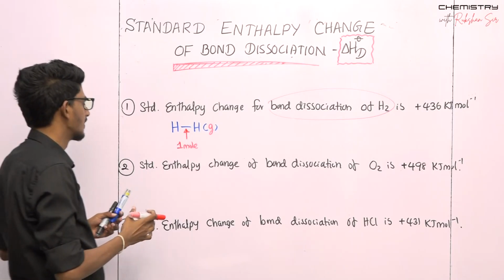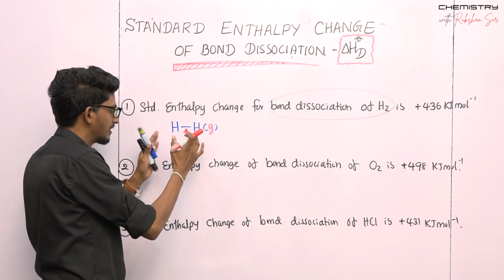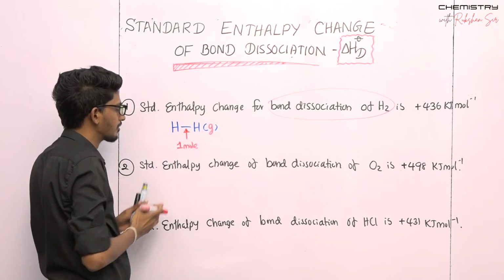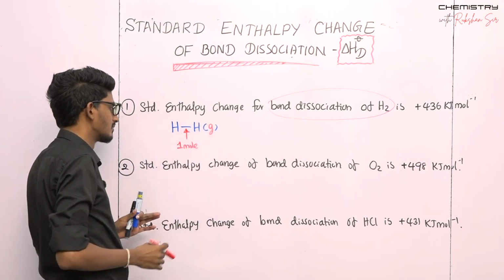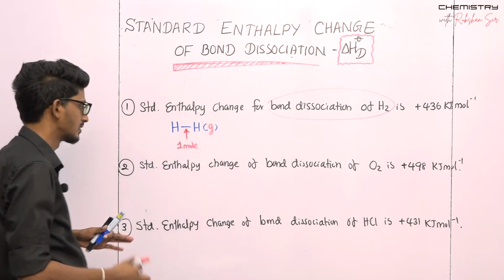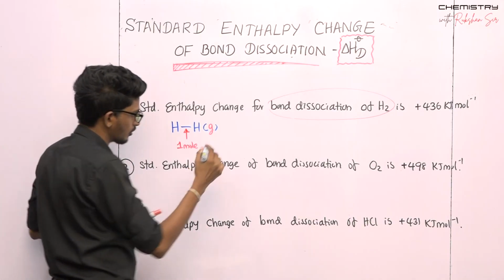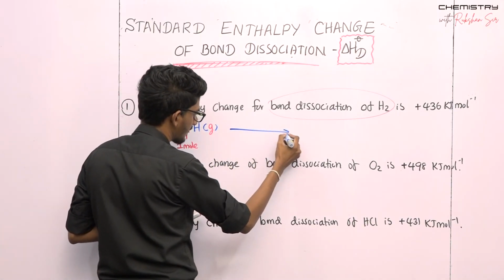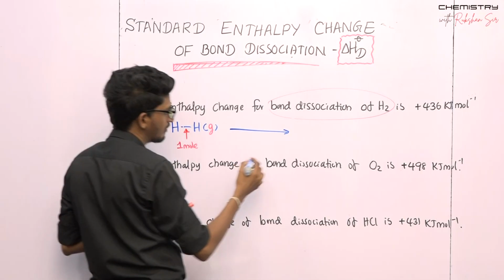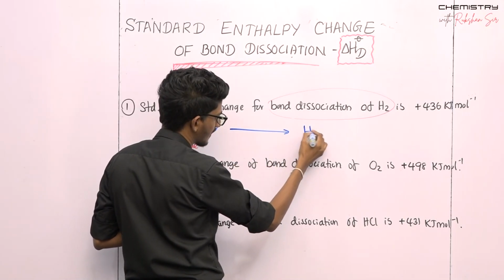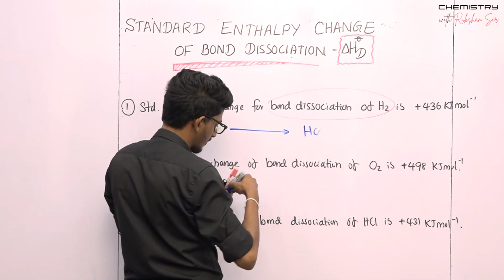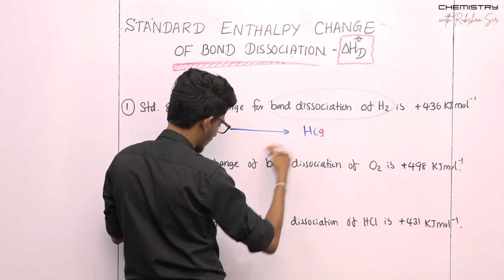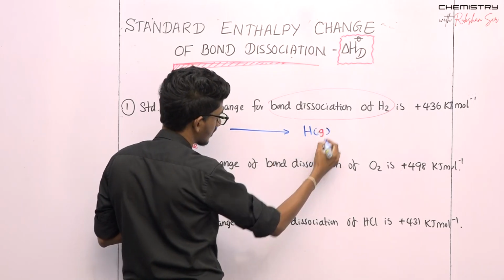The stuff whose bonds you are going to break should be in the gaseous state. Without that, you can't apply bond dissociation. So that will break to give you gaseous atoms. Gaseous state is very important.